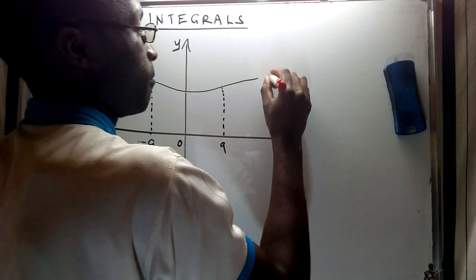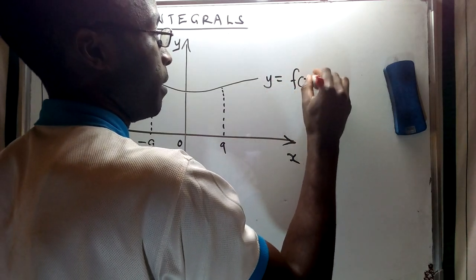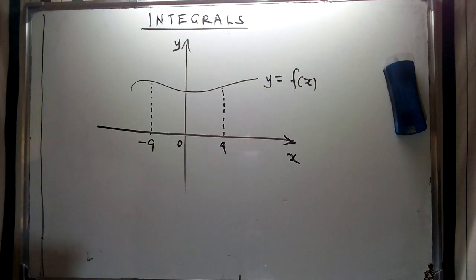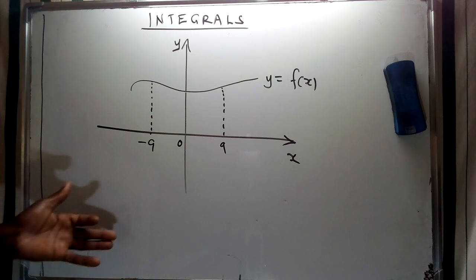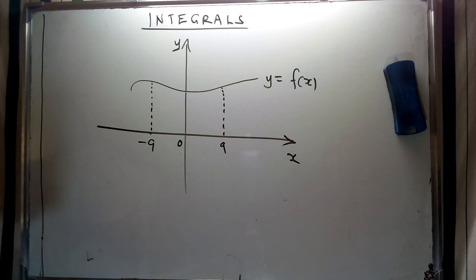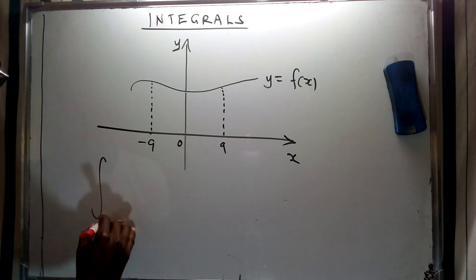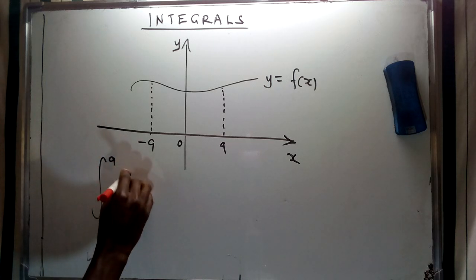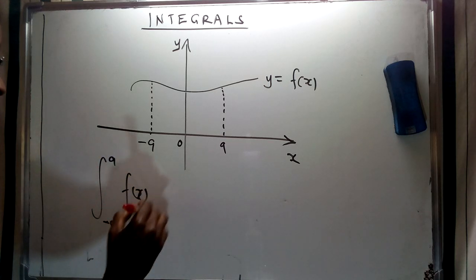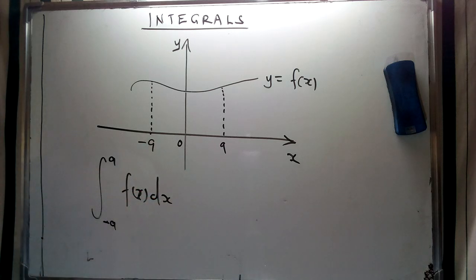So if this is a function y equals f(x), we can give a definite integral representation for this function, whereby we're going to have the integral between negative a and a of the function f(x) dx.